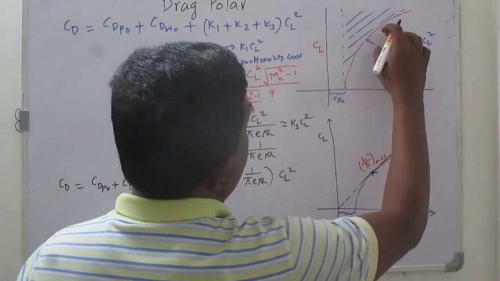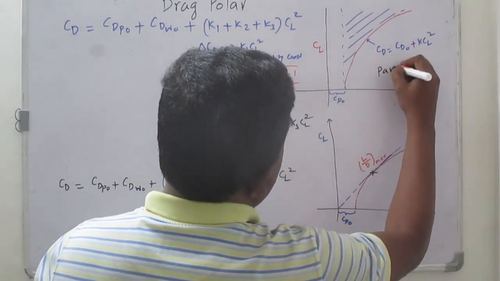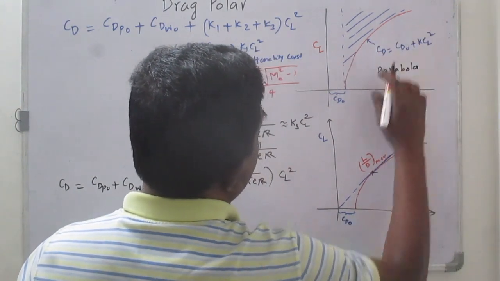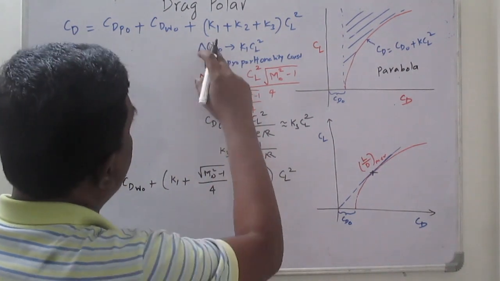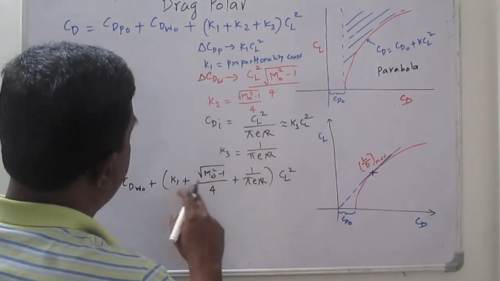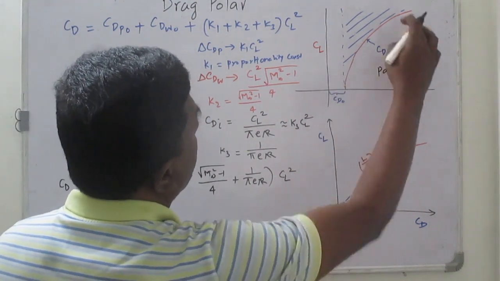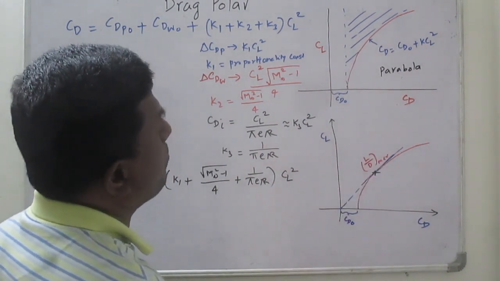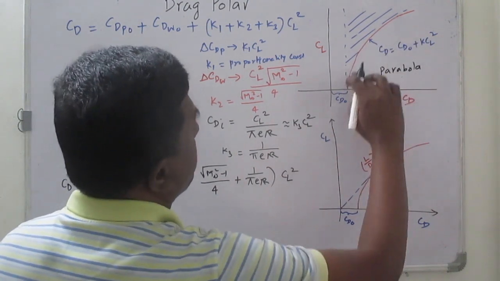Actually, we are considering this curve as a parabola. But if you take all the components of the drag, this curve really won't be a pure parabola. It will be distorted.